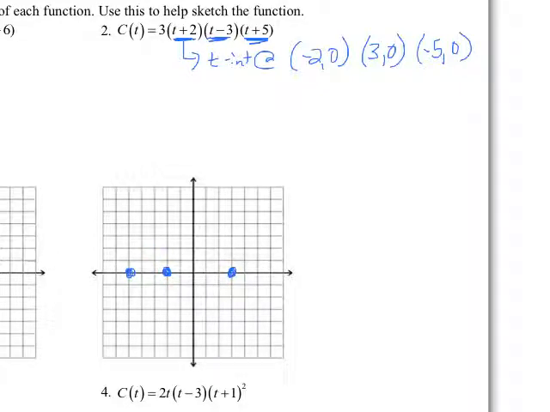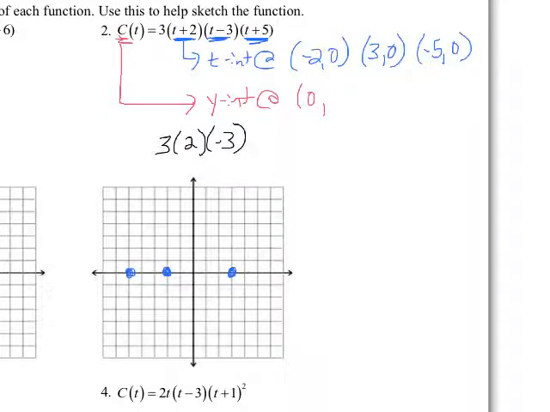-5. We can also find the c-intercept, or the y-intercept, by plugging in 0 into the function, and we'd get a y-intercept, or in this case c-intercept, at (0, 3 times 2 times -3 times 5).